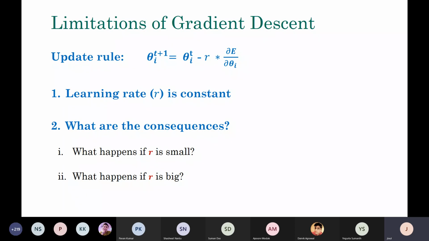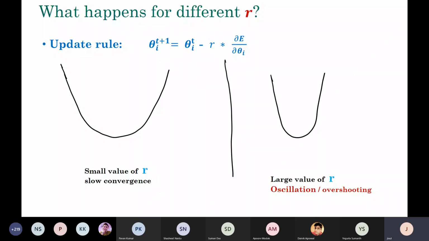So what are the consequences of that? What happens if alpha is small? And what happens if alpha is big? Let's try to understand what happens when alpha is small and when alpha is big.